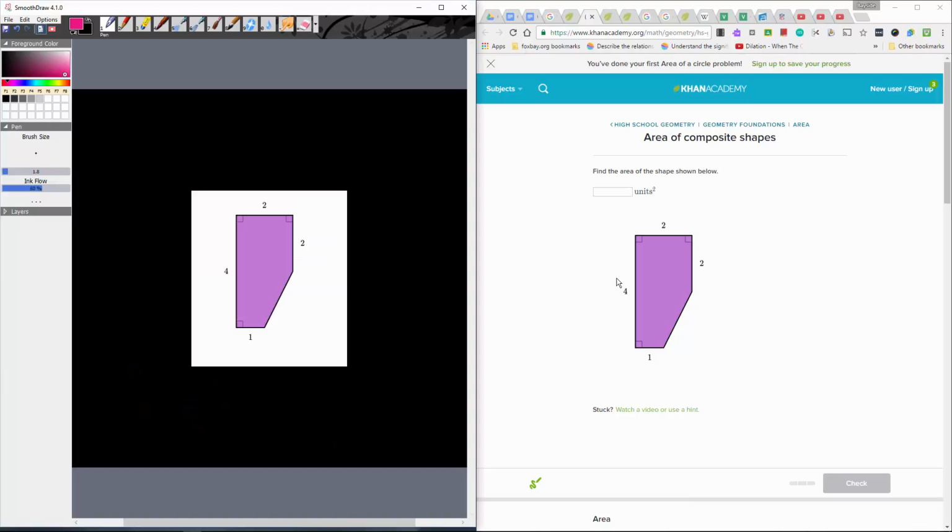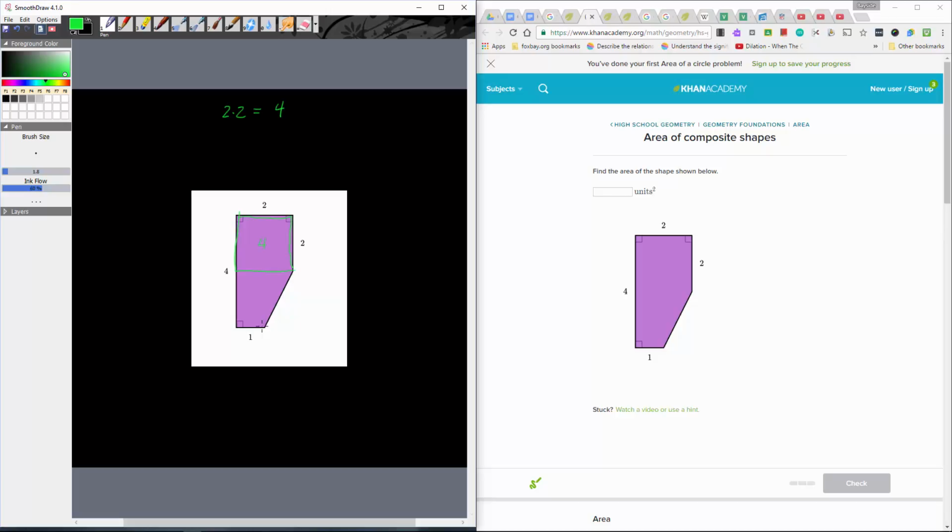All right, so I have this shape here. And what I want to do is break it up into smaller shapes. That's what a composite shape is. It just means that you're breaking it up into something smaller. So if I take this piece here, we know that this is 2 by 2. So 2 by 2, which is a grand total of 4. Let's write down 2 times 2 equals 4.